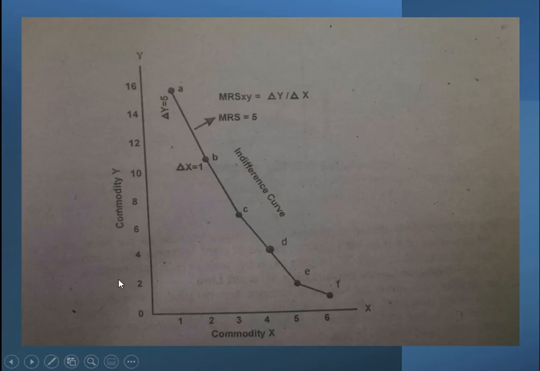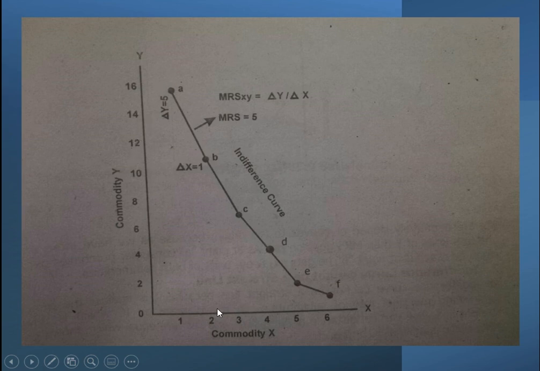As you can see, on the y-axis I have taken the number of units of good Y, and on the x-axis I have taken the units of good X. In the first combination we have 16 units of Y and 1 unit of X, so 1 and 16 is our first point.